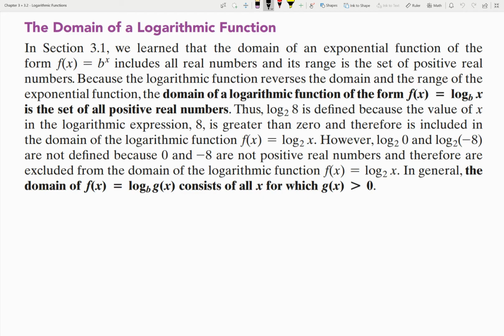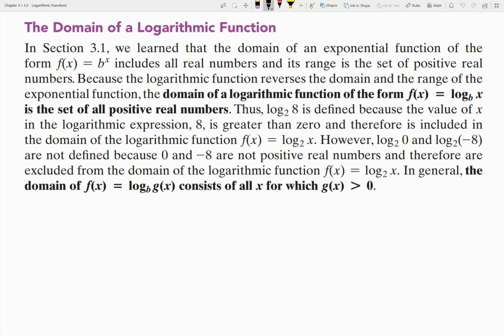Okay. So let's talk a little bit about how to figure out where a logarithm is defined. So in 3.1, we learned that the domain of an exponential function is all real numbers, and the range is positive numbers. And because the logarithm is the inverse, it reverses the domain and range.